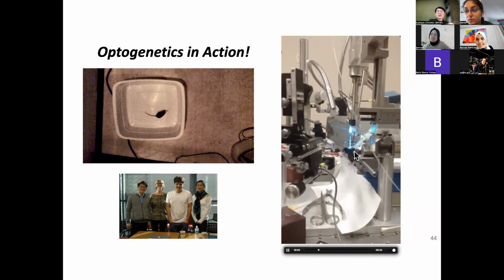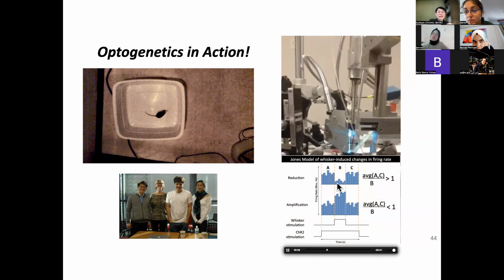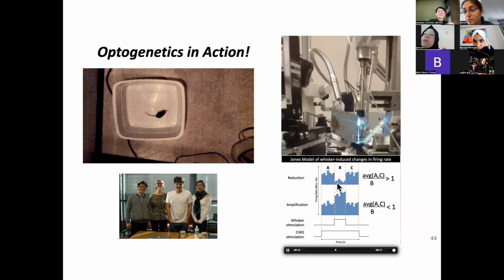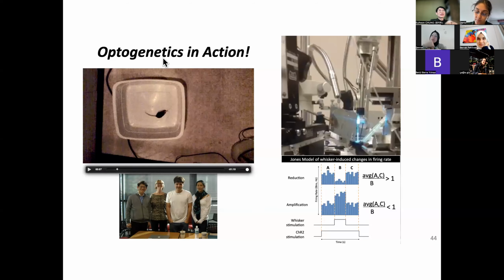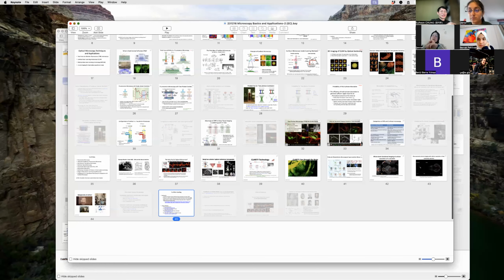This is an experiment, and you can actually analyze each single cell and its responses. Also, I want to see the whisker responses. And this guy is the inventor of optogenetics at Stanford University. I think those of you interested in neuroscience probably know what optogenetics is. All right, so that's all.